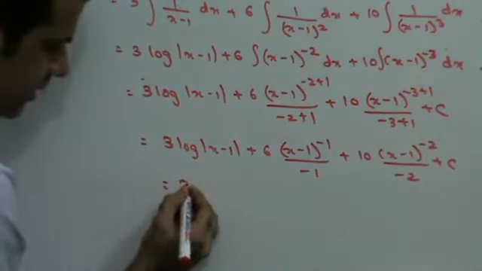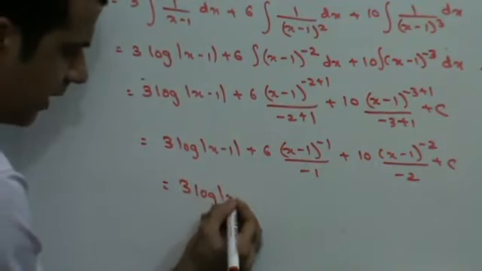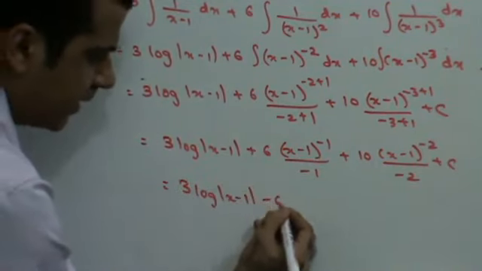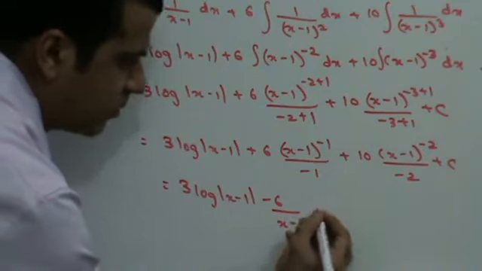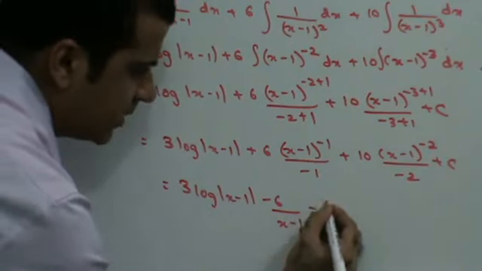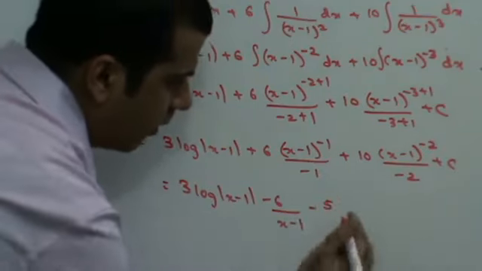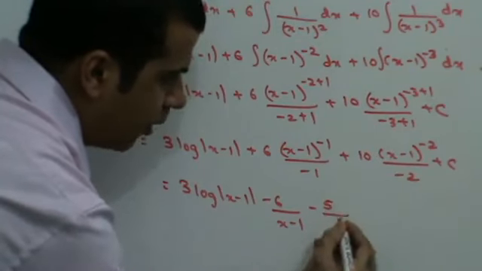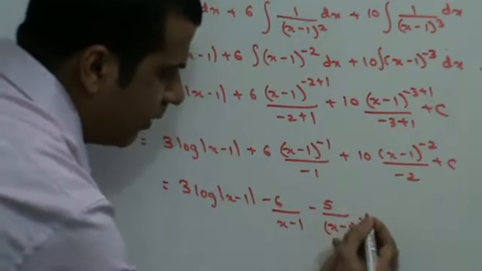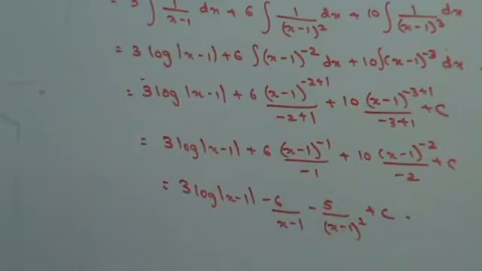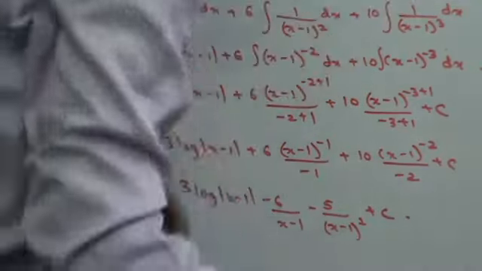This can be written as 3 log mod x minus 1 minus 6 upon x minus 1 minus 5 upon x minus 1 the whole square plus c, as 10 and 2 get cancelled. Right? Next, let's see the next one, guys.